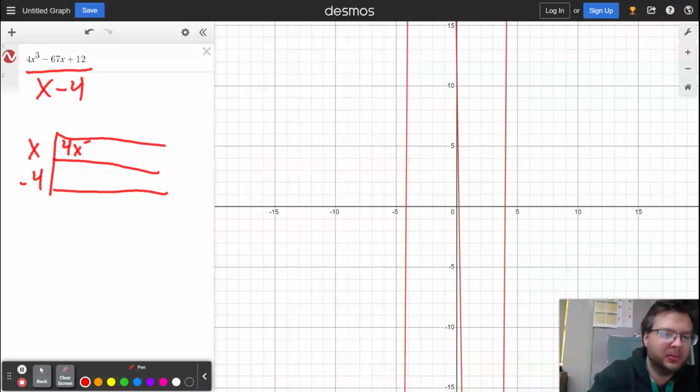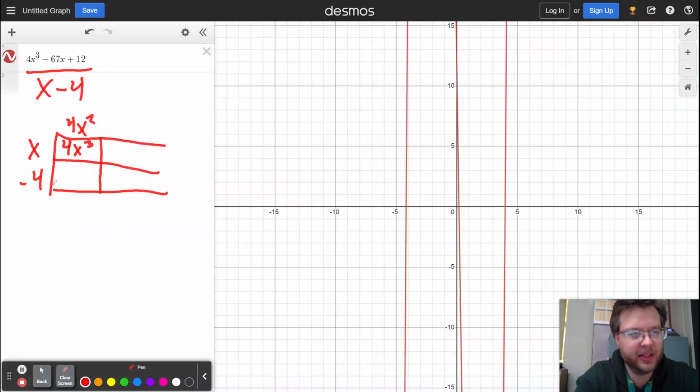4x cubed goes there. So 4x squared goes on the outside. The outsides multiply to make the insides. So if we multiply here, we get -16x squared. Check up again at the top, but there's no x squareds. That means that if you want, you can imagine a plus 0x squared there.